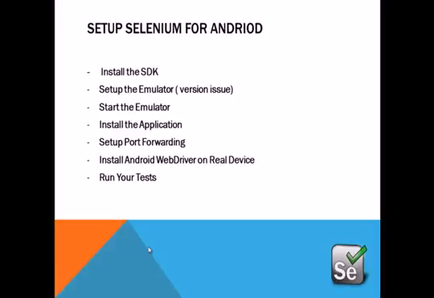Then start the emulator, then install the application, then set up port forwarding. Now it's a really important issue because Selenium WebDriver listens on port 8080 only. So before you start the test, you have to forward the port to 8080. Then install WebDriver on the real device and then run your test.